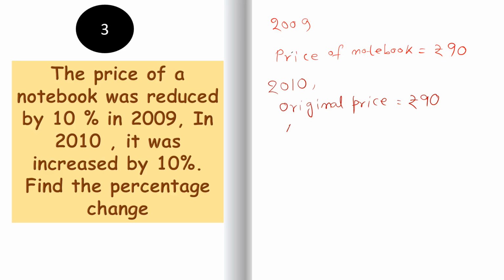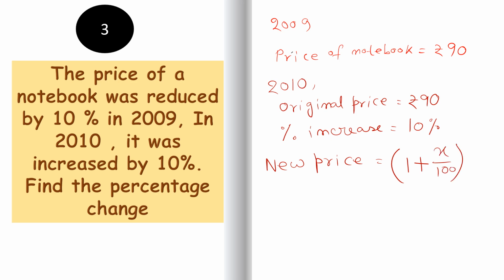Now there is a percentage increase. What is the percentage increase? 10%. So what is the new price in 2010? After an increment, we can use the formula (1 plus x by 100) into original price.